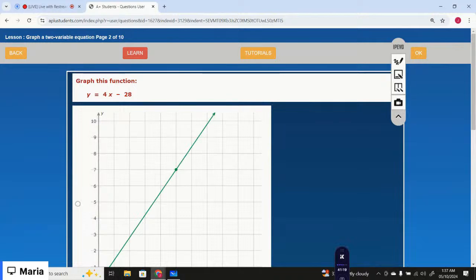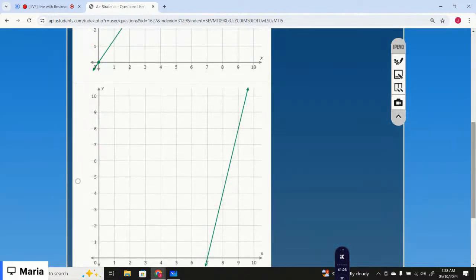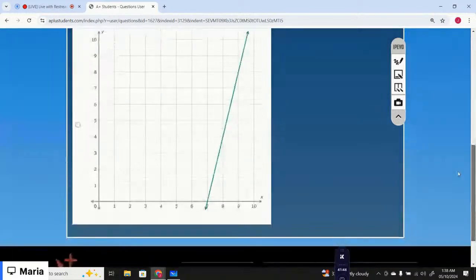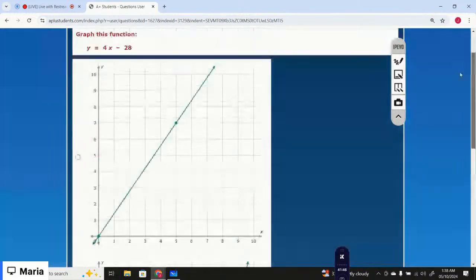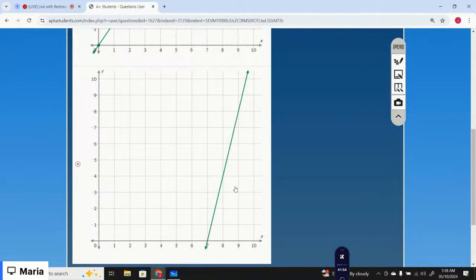Y equals 4x minus 28. So which is the correct option? Option number 2 is the correct option.